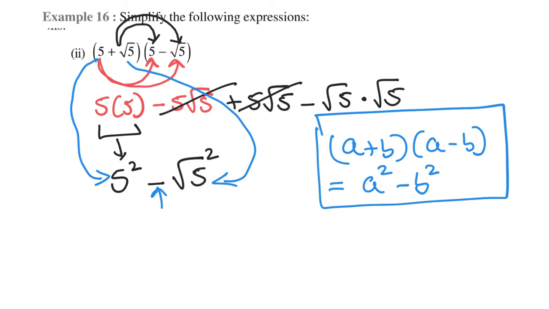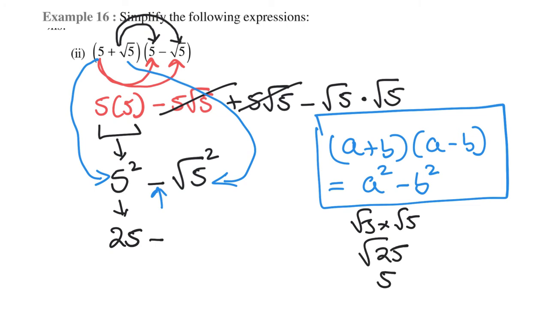So now we can come back to our problem. 5 squared is 25 minus square root 5 squared is nothing but square root 5 times square root 5, which is square root 25, which is 5. So this is nothing but 5. So 25 minus 5 is 20. So that is the answer.